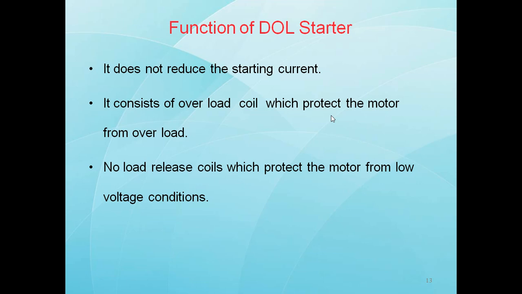Next, it consists of an overload coil which protects the motor from overload. Suppose the current is more, then the overload coil comes into action and protects the motor. Next is the no load release coil, which protects the motor from low voltage.